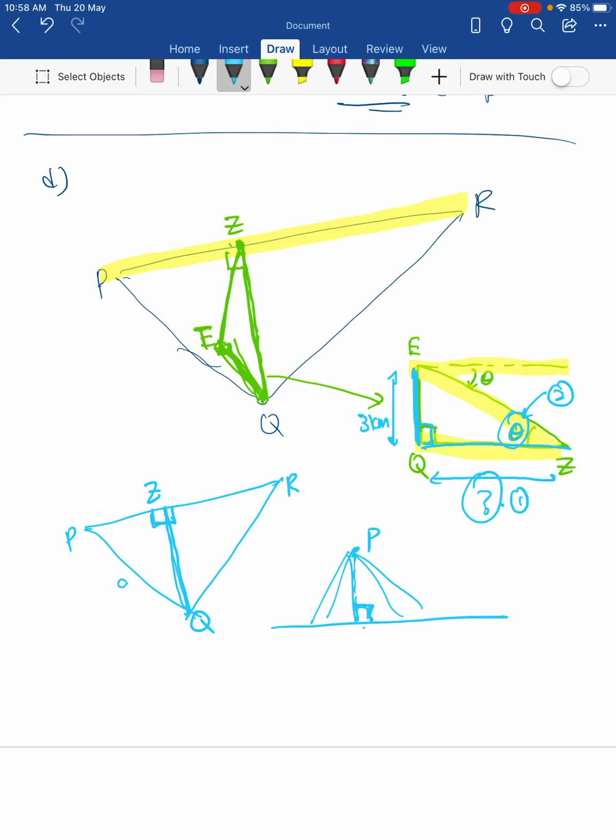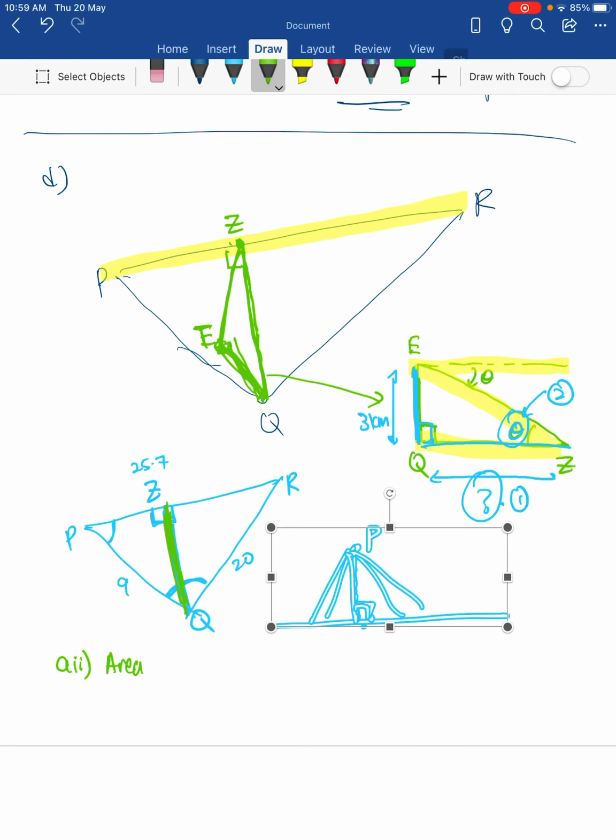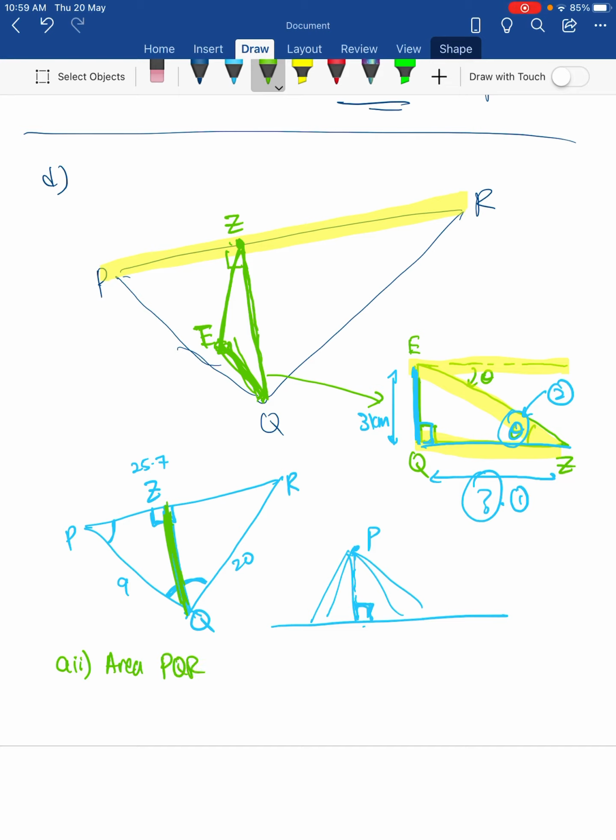So we have quite a fair bit of information over here. We have all the lengths, 25.7. We have the angle, we have this angle as well. Okay, so to zoom in to find the length of this length itself, which is the one over here in green, what we can do is make use of the area, because if you look at part A 2 answer, the area of a triangle, area of PQR, we found this.